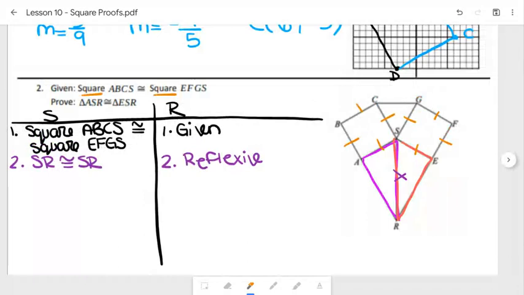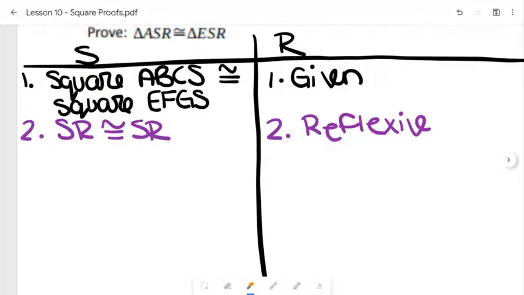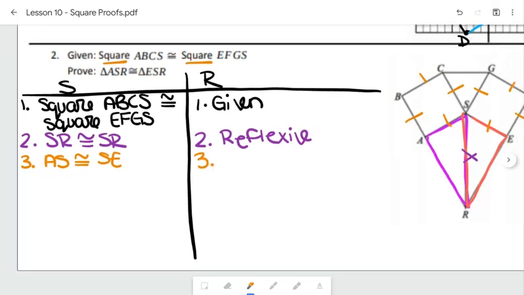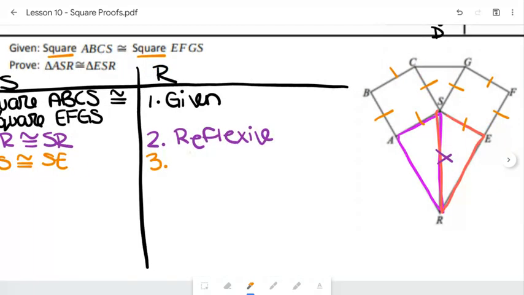Now, there's only 2 sides that really affect our triangle. So I'm going to say AS is congruent to SE because squares have 4 congruent sides.